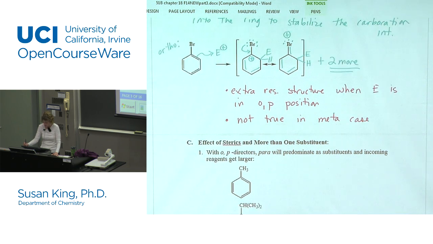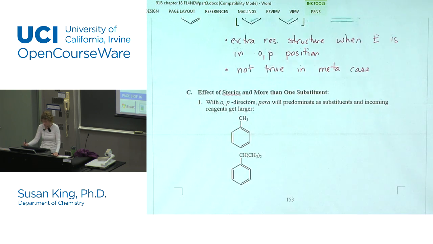I want to talk about effective sterics in more than one substituent. With ortho-para directors, para will predominate as substituents and incoming reagents get larger. It makes good sense. If we nitrate toluene versus isopropyl benzene, here we get 58.5% ortho and 37% para.